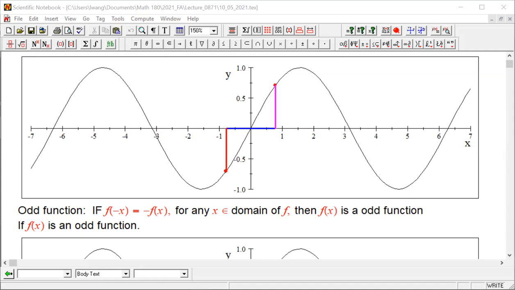So we have two inputs. And so if this is x, and the red is f of x. Okay, that's f of x.